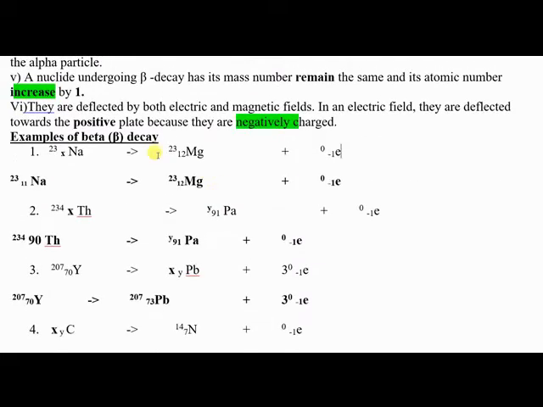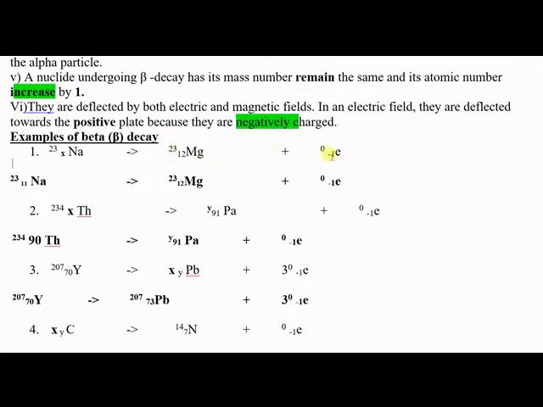So let us look at an example of a beta decay. We have sodium here, which has atomic number X and a mass number of 23. What has happened?